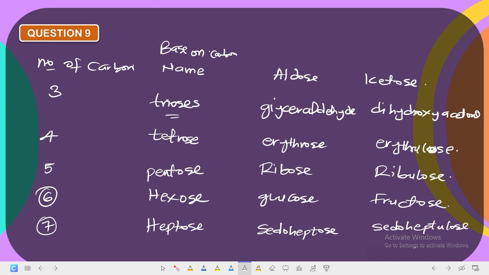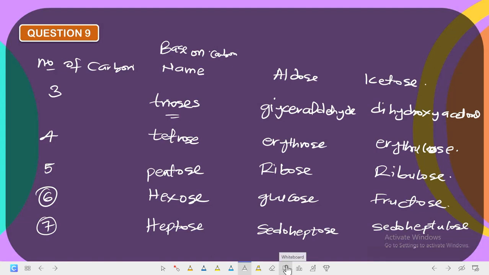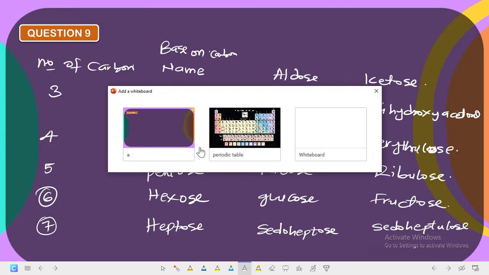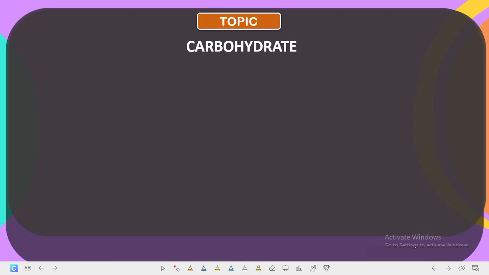So these are the classification of carbohydrates based on the number of carbons. Now let us talk about the types of carbohydrates. Let's look at the classification of carbohydrates based on the monomeric unit.